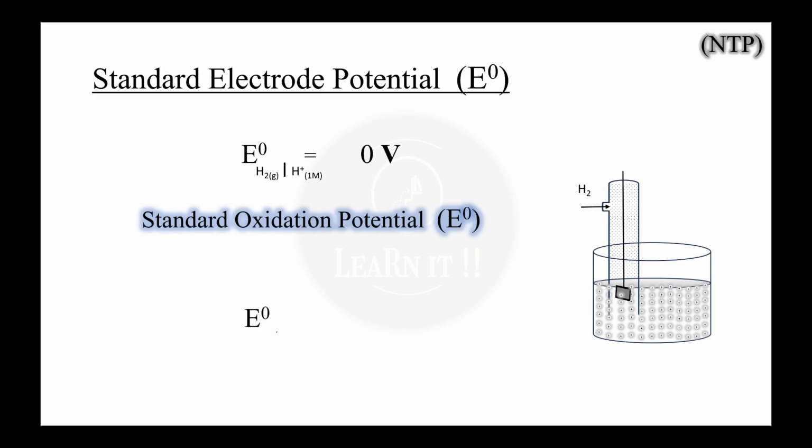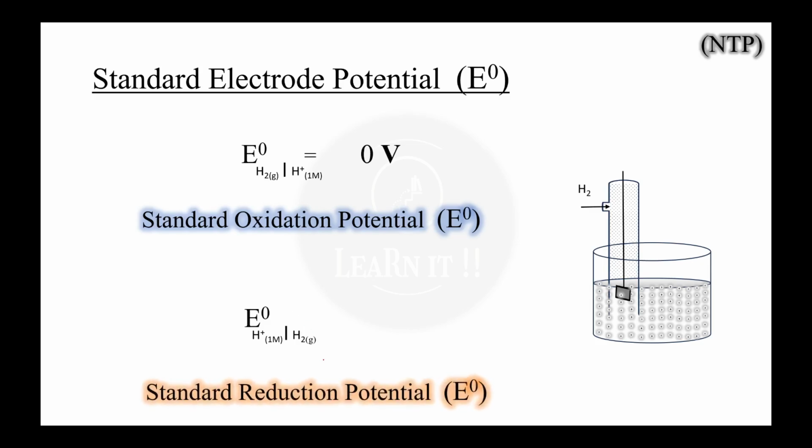Similarly, E0, that is cation to molecule, it means reduction. So standard reduction potential of hydrogen electrode is 0 volt, because we already know that at NTP in the hydrogen electrode there will be no oxidation and no reduction.